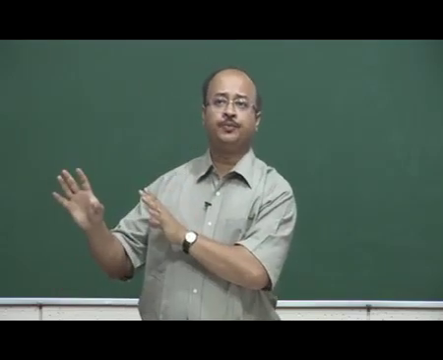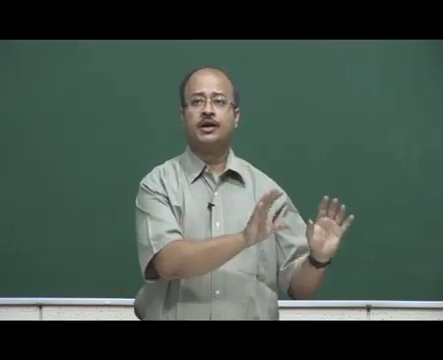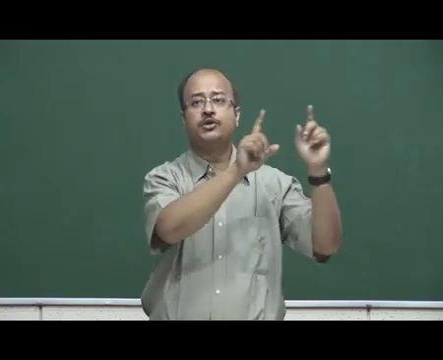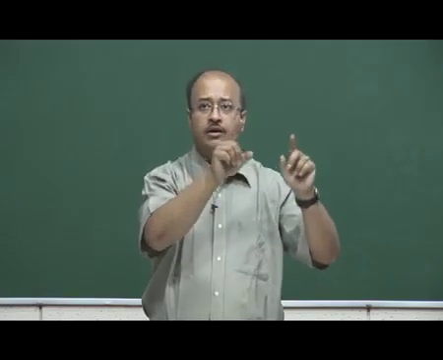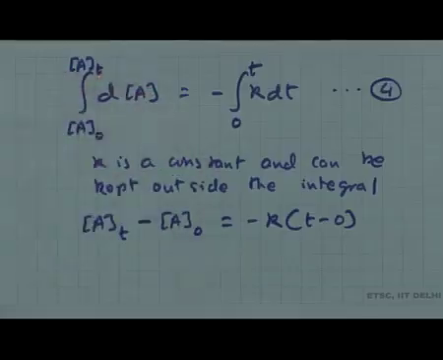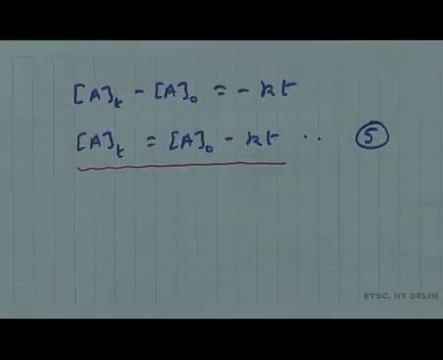For t is equal to 0, my concentration is A naught, the initial concentration. For t is equal to t, my concentration is the concentration of A at time t as defined by this integral, right. And hence, when I go ahead and do the integral, I end up with an equation like this.